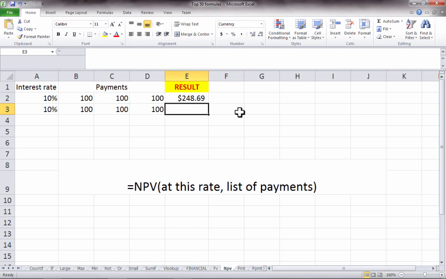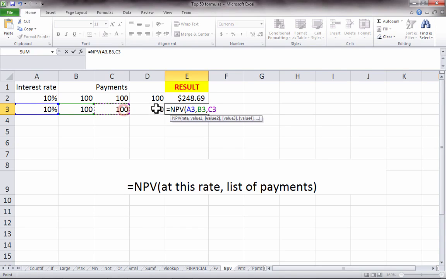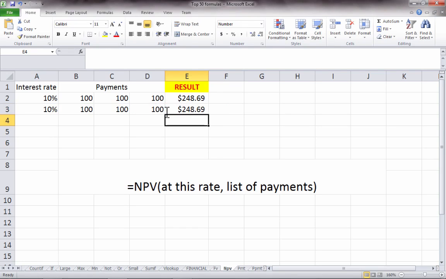Okay, so in PV, give it a rate first. You could pass it this way instead of giving it a range, and it gives you $248. Which means that these payments in the future would be worth $248 right now, given an interest rate of 10%.